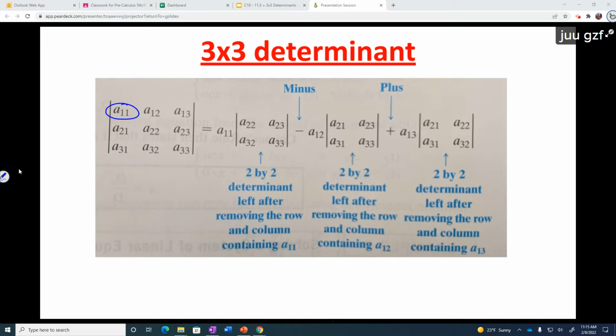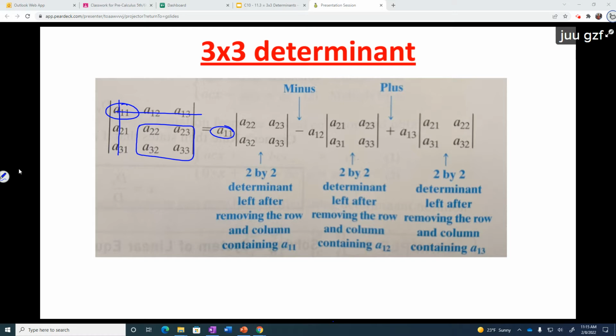Notice it's right here. And then these four other numbers that go here: 2,2; 2,3; 3,2; 3,3. Those four numbers are not in this column and also not in this row. So that's where these four numbers are coming from.